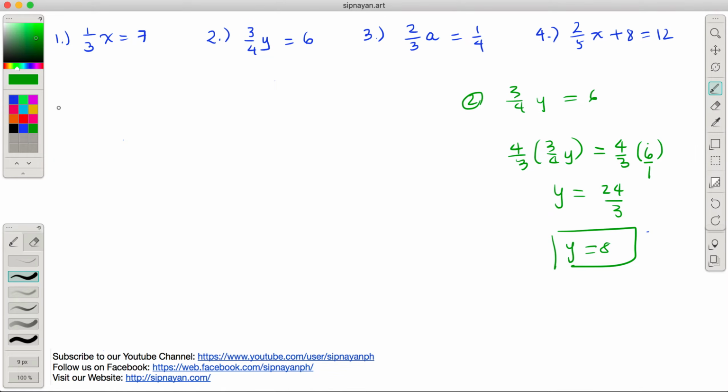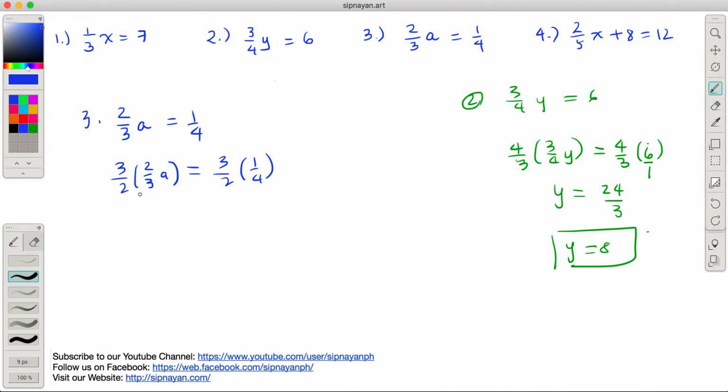So, sa number 3, we have 2/3 a equals 1/4. So, multiply natin ng 3 halves to, no? Times 2/3 a equals 3 halves times 1/4. So, pareho yung i-multiply natin dapat, syempre, sa kaliwa at sa kanan.